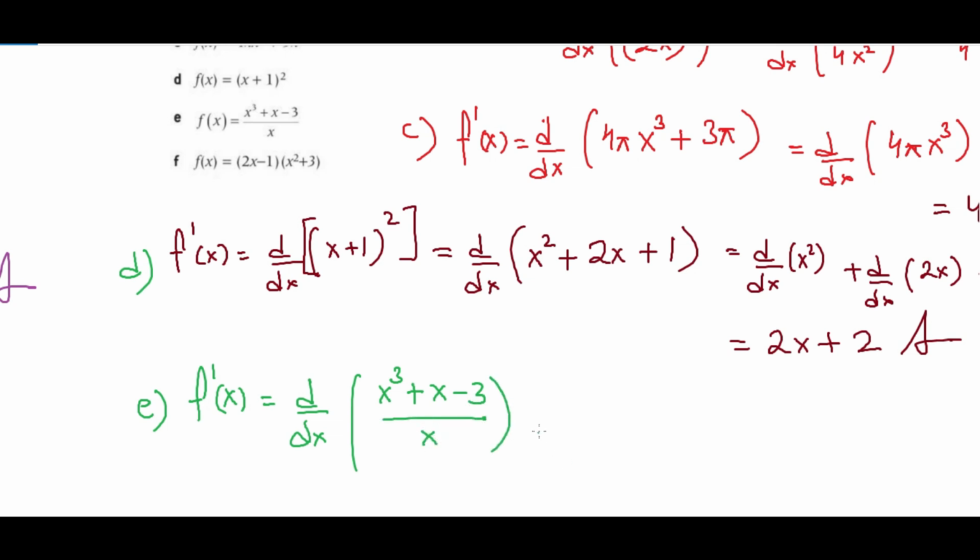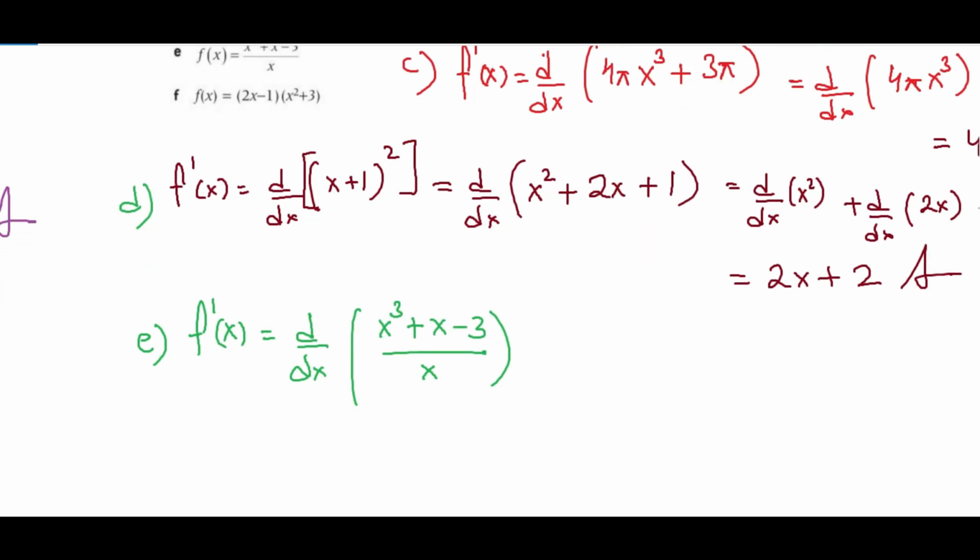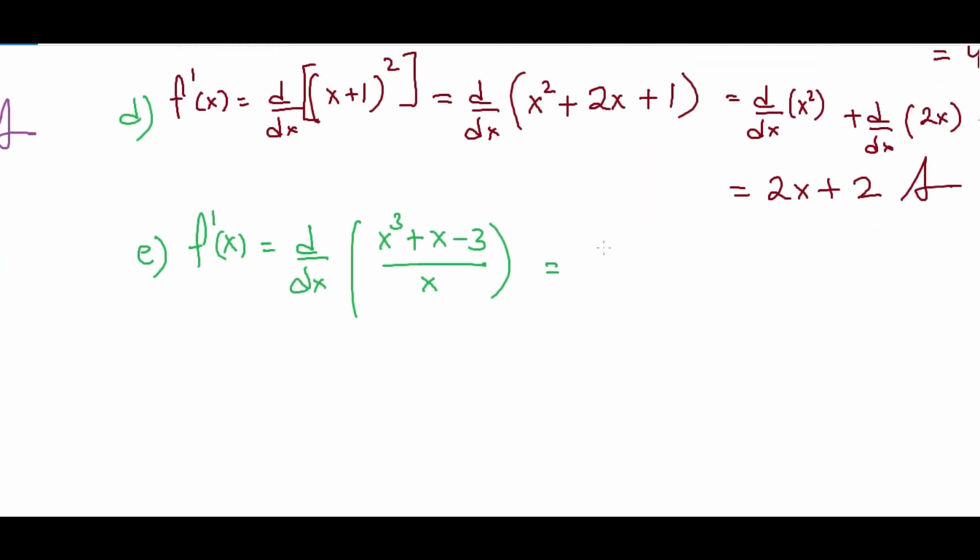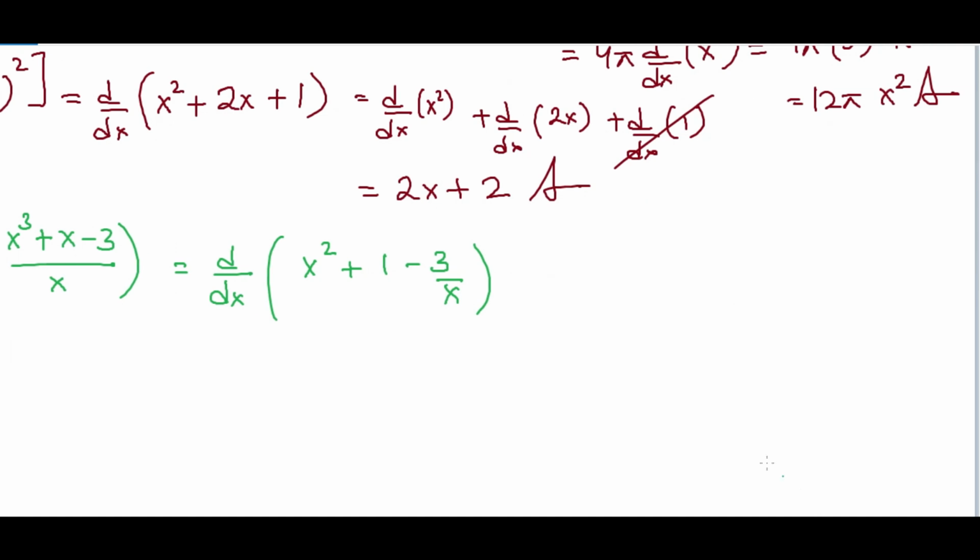When you separate the denominator from all of them, you get d by dx of x square plus 1 minus 3 by x. Now separated with the linear property, you get d by dx of x square plus d by dx of 1 minus 3 d by dx of 1 by x.